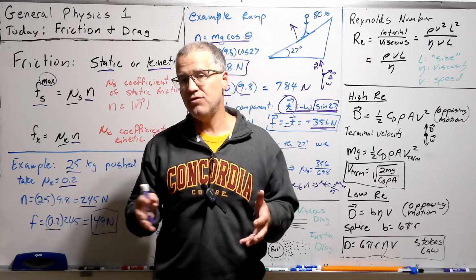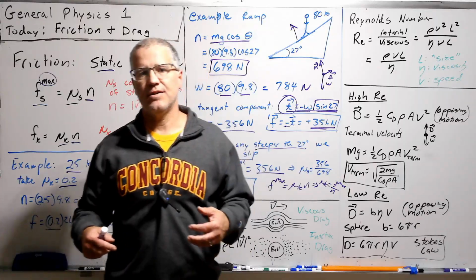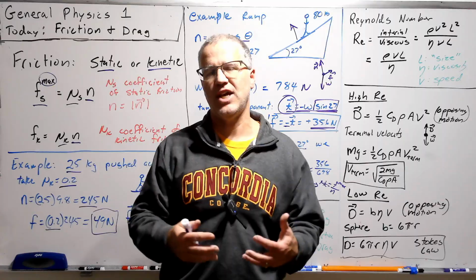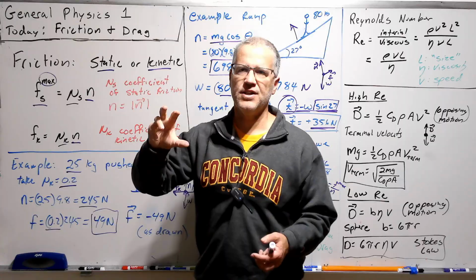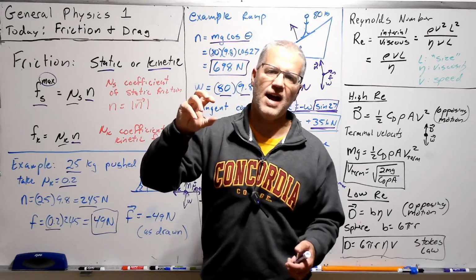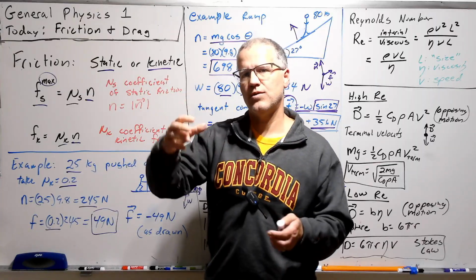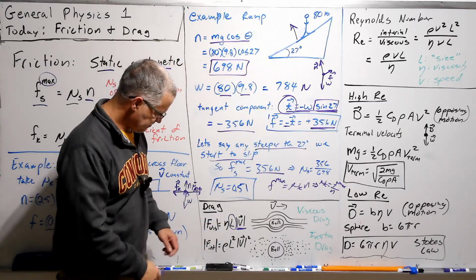So a ball would move differently than a cube, than a person, but we kind of collectively just say there's some sort of effective shape. So you can think of that as if we had a cube or a person, what kind of shape, if it were made into a sphere, what would that sphere look like? And that's what this L is.